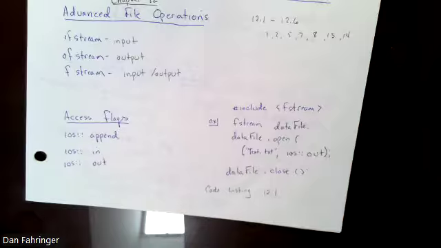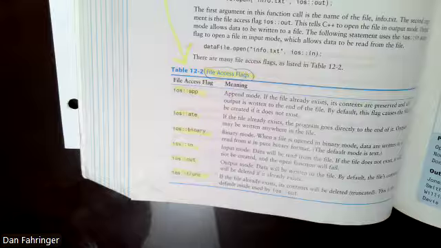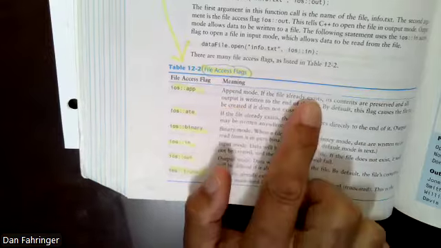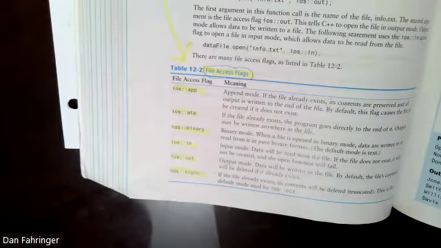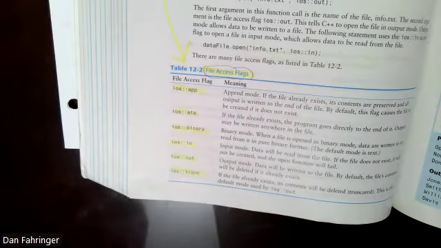So the access flags are something that you need. And your noses are in the books because you're doing the code listings. And here are a bunch of access flags. We have two that we'll add to the end. One will open the file if it doesn't already exist. That's that app, append mode. That makes sense. We're going to finish up today with binary mode.